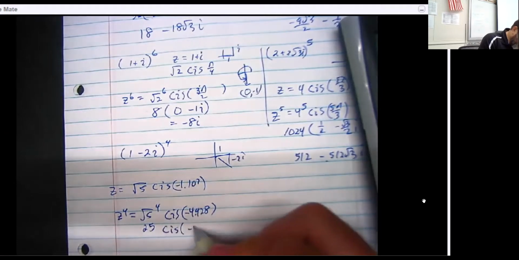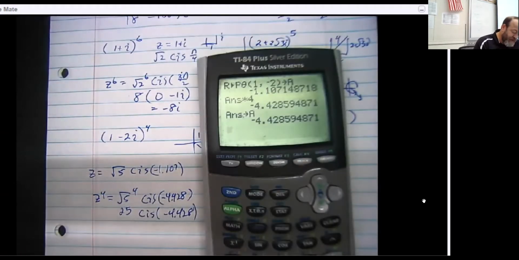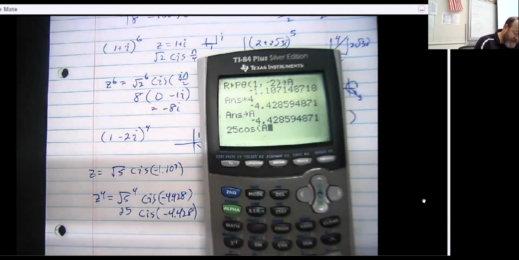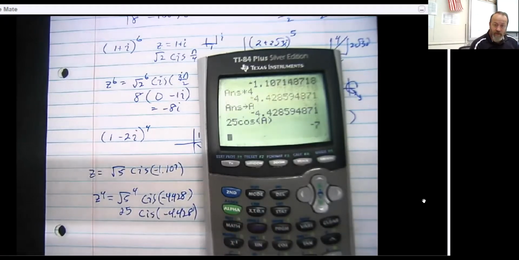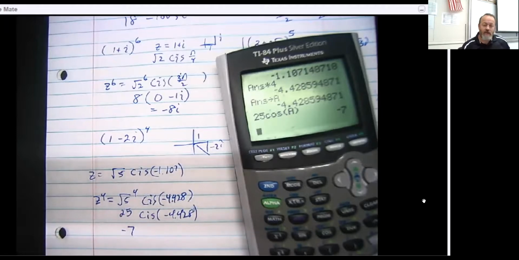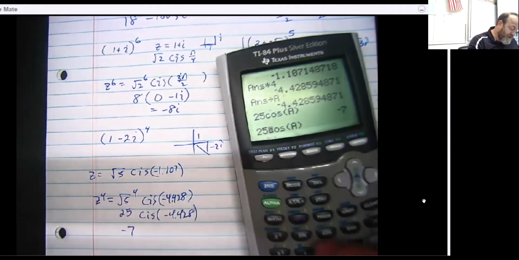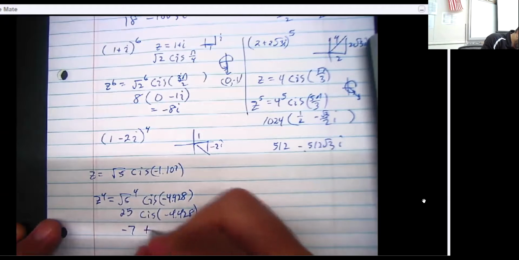So here we go. And again, I stored this thing. So the cool thing is if I took 25 cosine of A, that's the cis part, that got me negative 7. And that seems strange that all of this crazy, weird decimal stuff turned into a whole number value, but there's a good reason for that. And then if I do 25 sine A, I get 24i.